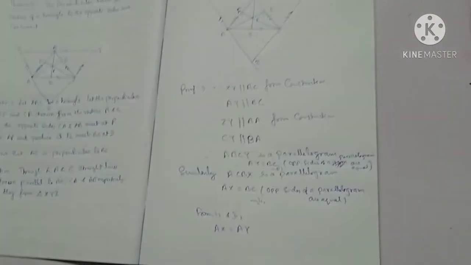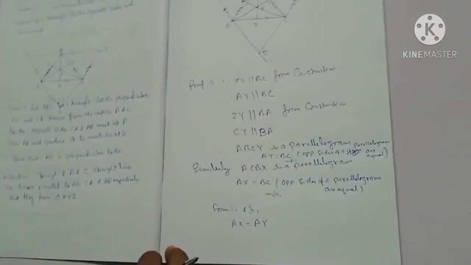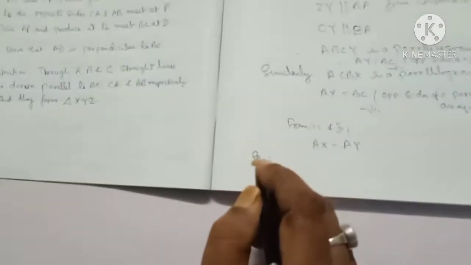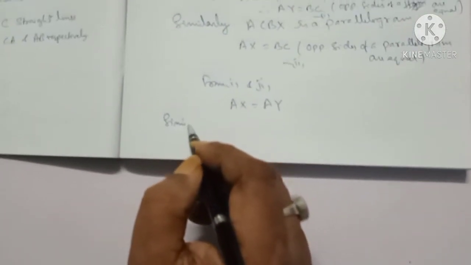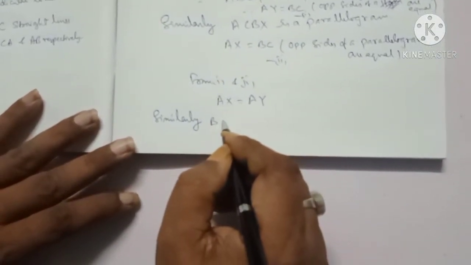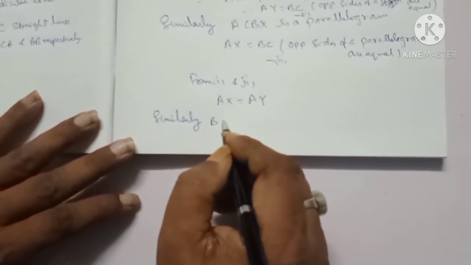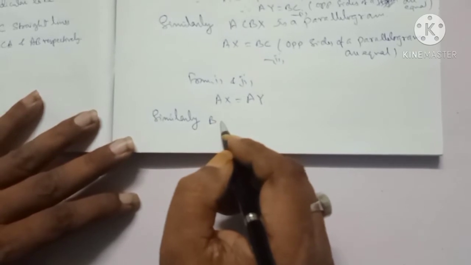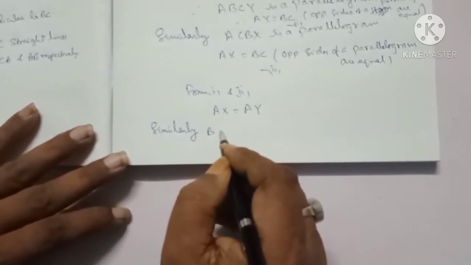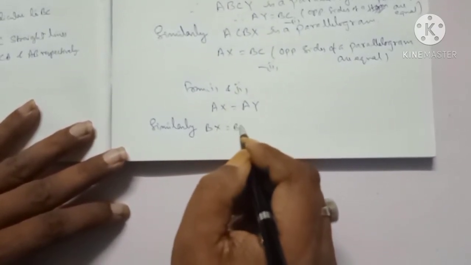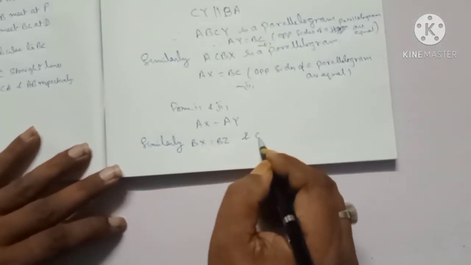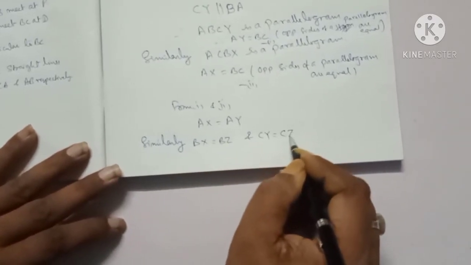Similarly, BX is equal to BZ and CY is equal to CZ.